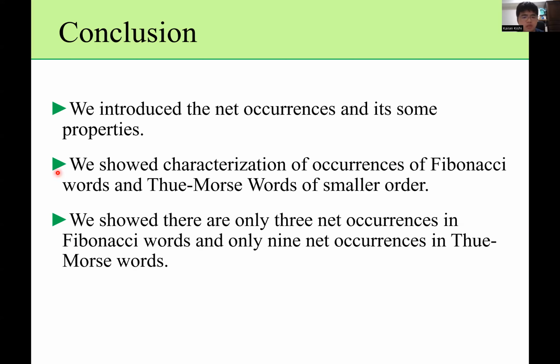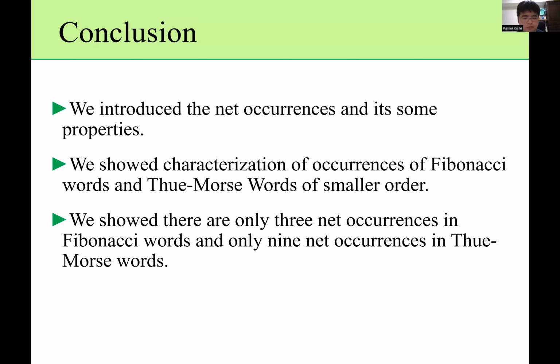And we showed the characterization of the occurrences of the smaller Fibonacci word Fj and smaller Thue-Morse word TMJ in the bigger Fibonacci word Fi and Thue-Morse word TMI. And we briefly showed the proof that there are only 3 net occurrences in the Fibonacci world and only 9 net occurrences in the Thue-Morse world.